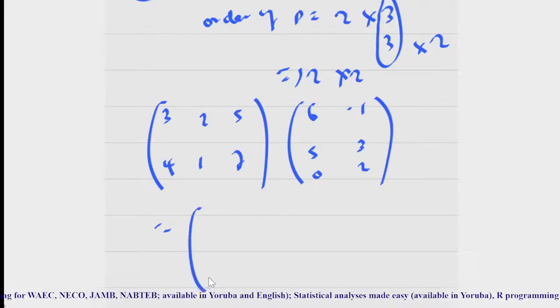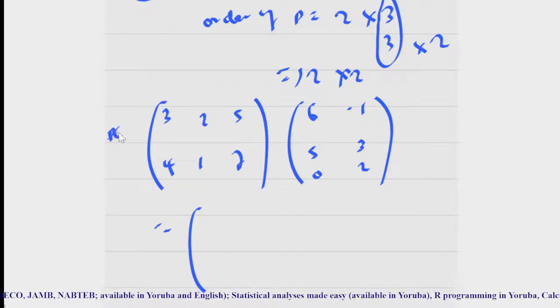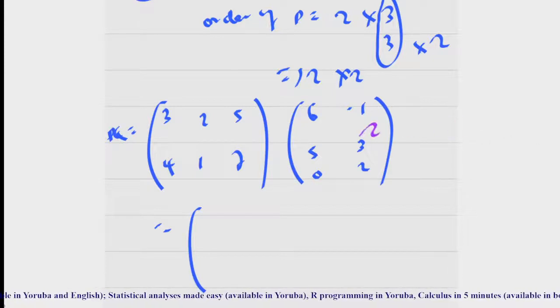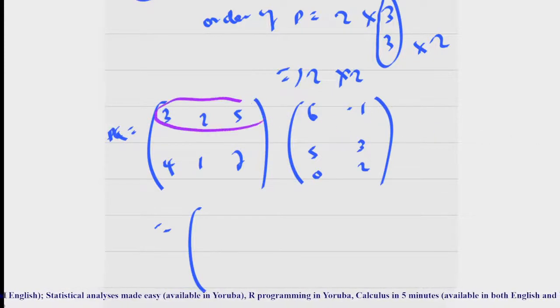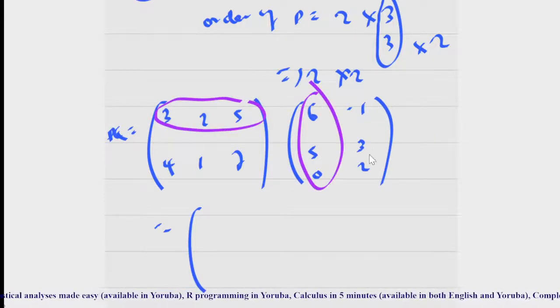And don't forget, how do you multiply? This is PQ, although we have to find the PQ transpose. You multiply row by columns. The first row here, you multiply by each of these columns. If you have 50 columns, you multiply it by them. And how do you do that?